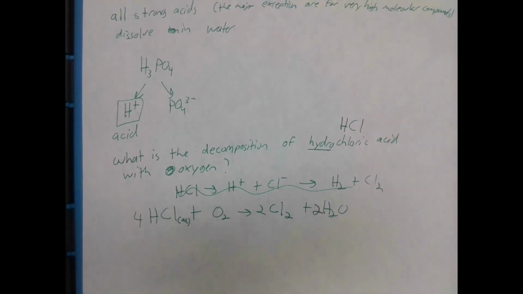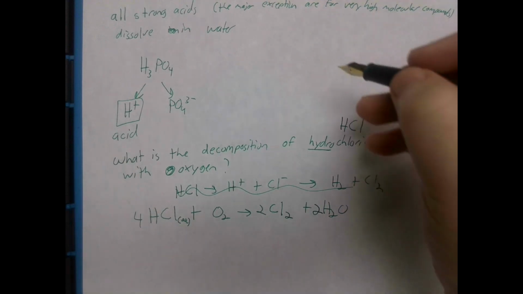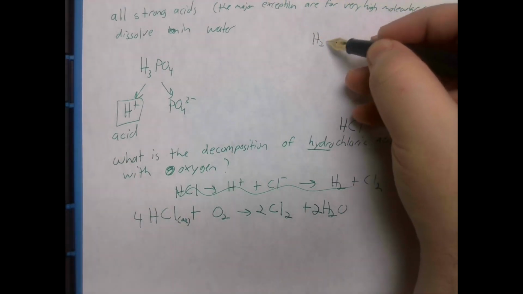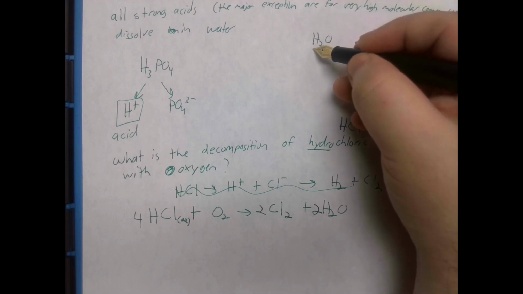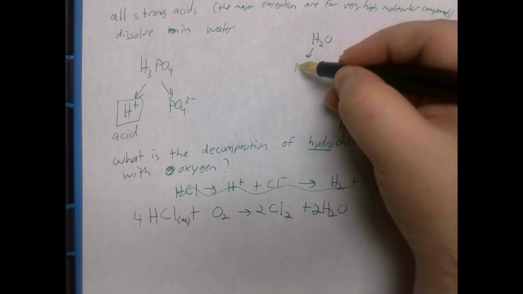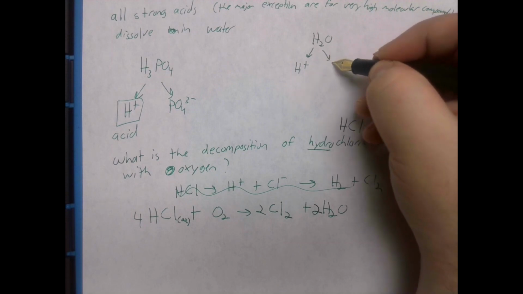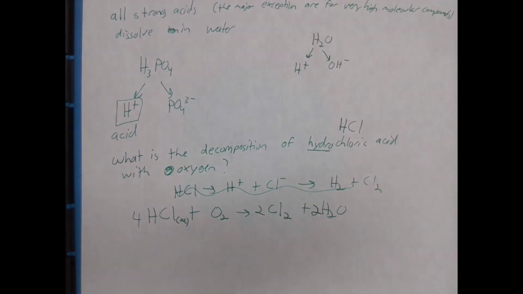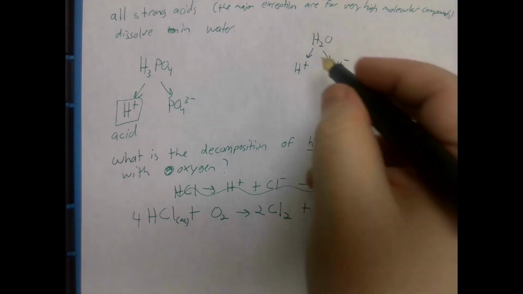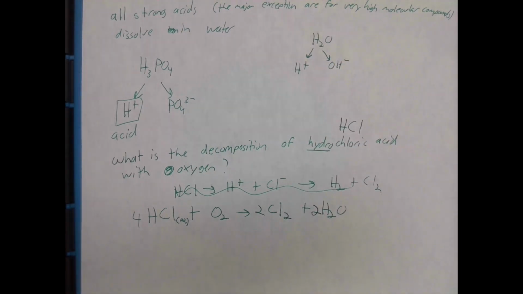So I think I've mentioned this before. To be honest, I don't understand this fully. Water, actually, I believe, is constantly breaking apart into H plus and OH minus ions. It is constantly doing this, or loosely doing this.